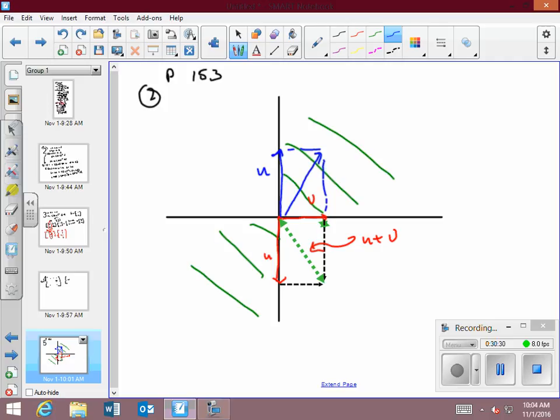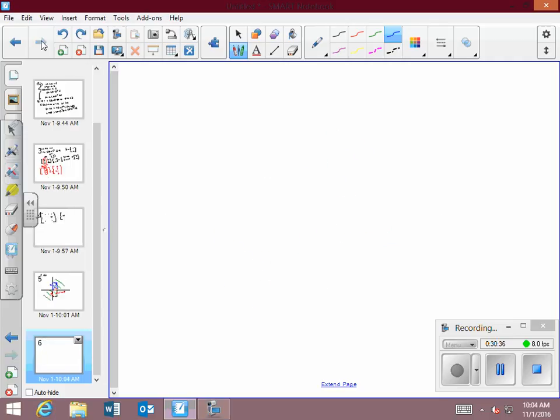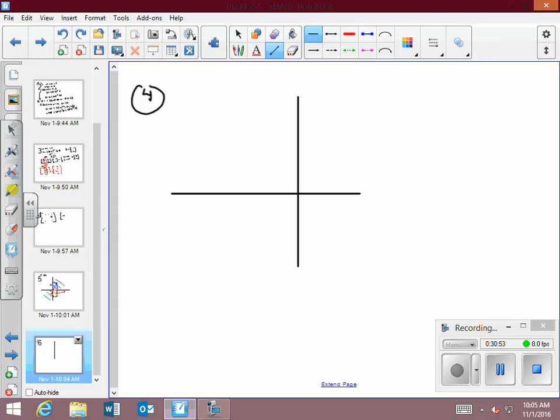And 4, it's actually a solid line. It goes through 0, so it meets the 0 vector being in there.